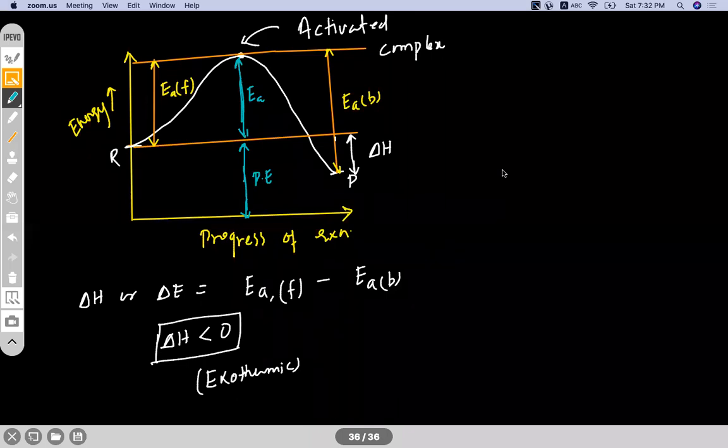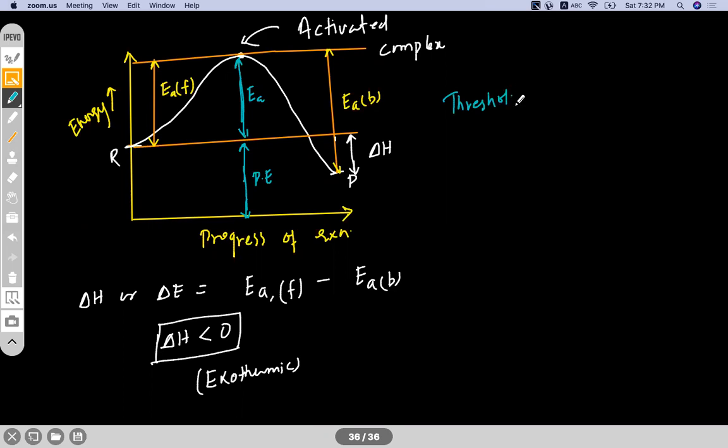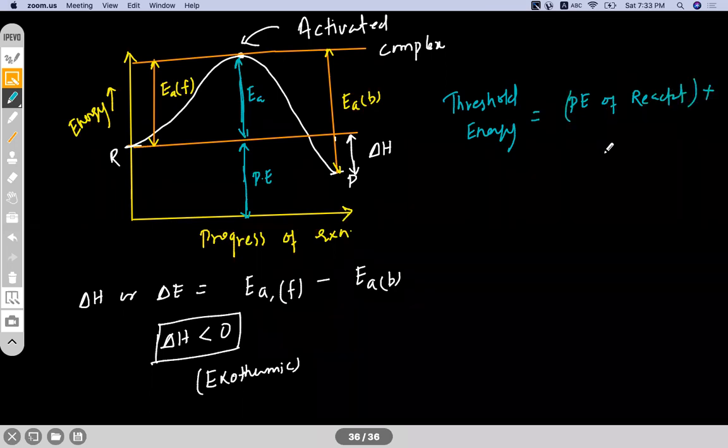There's a relation, and they ask questions in the exam on this relation. The relation is: threshold energy is equal to the potential energy of the reactant plus the activation energy.